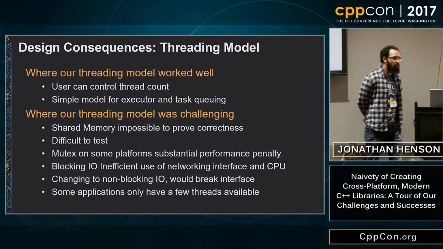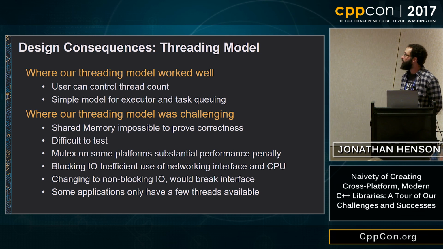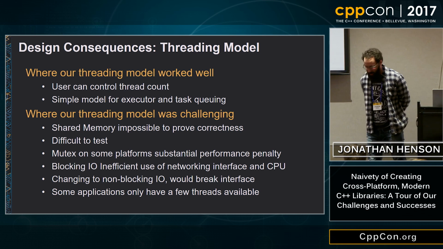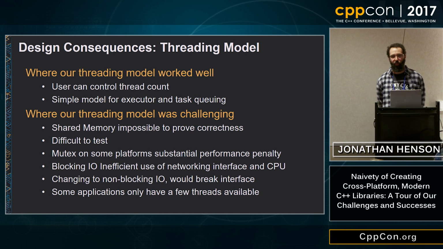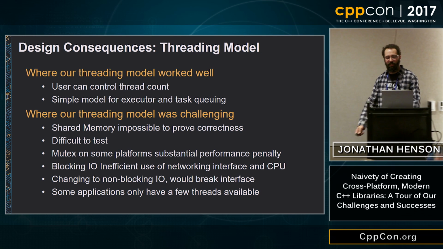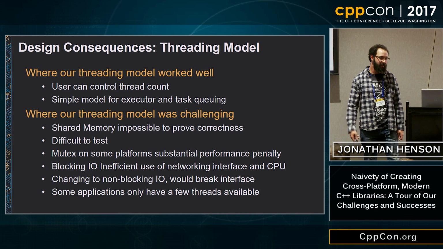So where this worked well: the user can control the thread count, and it's a simple model for people to reason about. That worked out well, but there's a lot where it's challenging and where it's perhaps a bad idea for your application. Shared memory is theoretically impossible to prove correctness between threads.